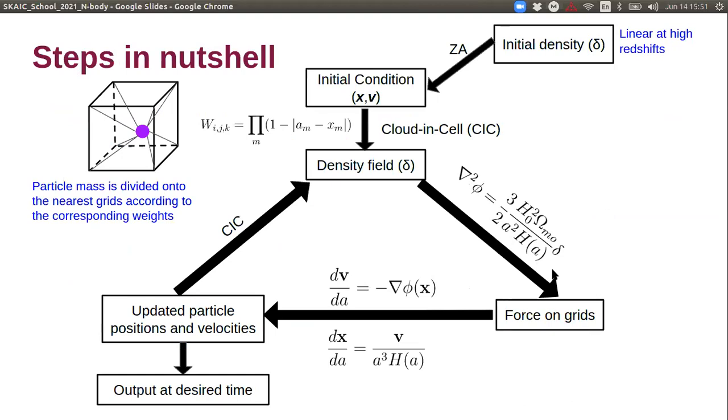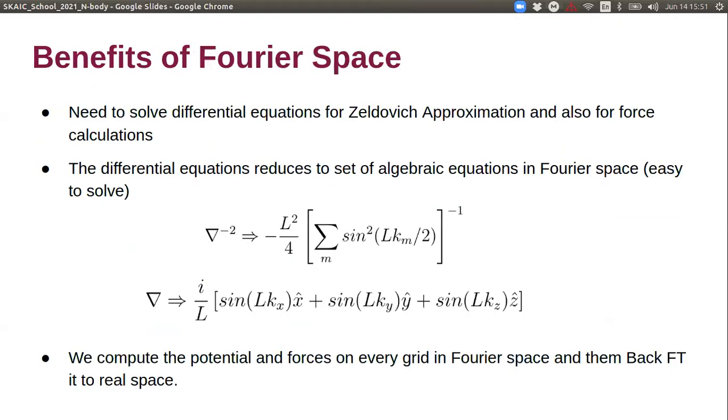However, solving this differential equation is cumbersome in real space, so we go to Fourier space, where this Laplacian inverse boils down to an algebraic equation, and we solve the algebraic equation corresponding to each and every Fourier mode, which is denoted by k.